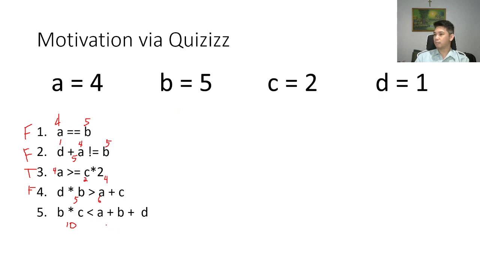That is 4 plus 5 plus 1, so 10. So, 10 less than 10 is actually false.